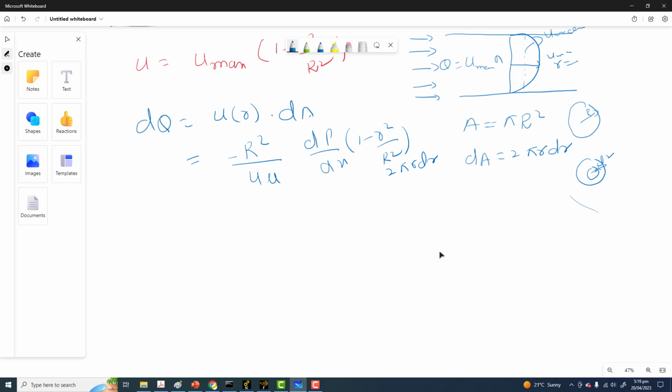If you want to find out the flow rate for the whole pipe, this will be the integration from 0 to r. So Q for the whole pipe will be the integral from 0 to r of dQ.